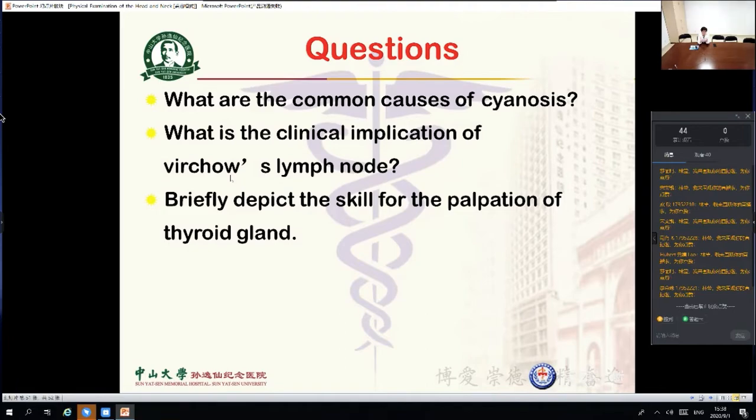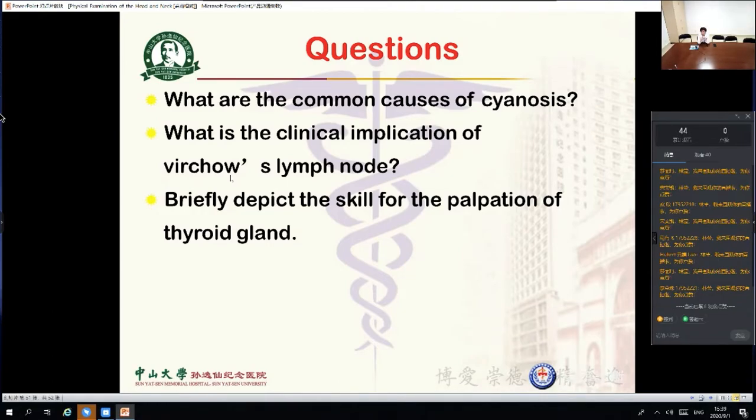After this, you would also like to do the auscultation for some toxic goiter. If the patient has increased blood flow to the thyroid gland, you may be able to hear the bruits from the upper regions of the goiter.